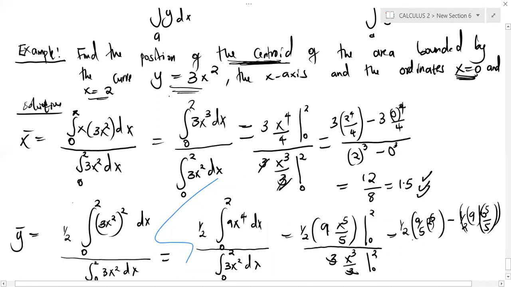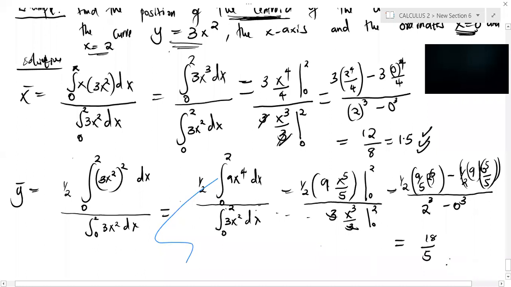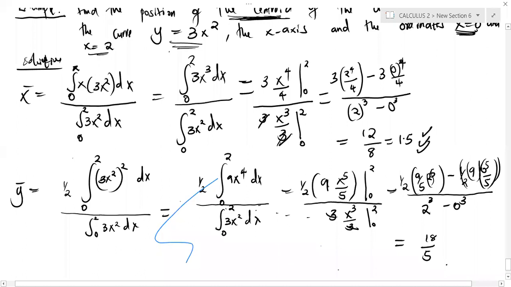All this divided by 2 cubed minus 0 cubed. If we evaluate this correctly, we should get 32 over 5 times 9 over 2 over 8. So this will basically give us 18 over 5, which is the same as 3.6.